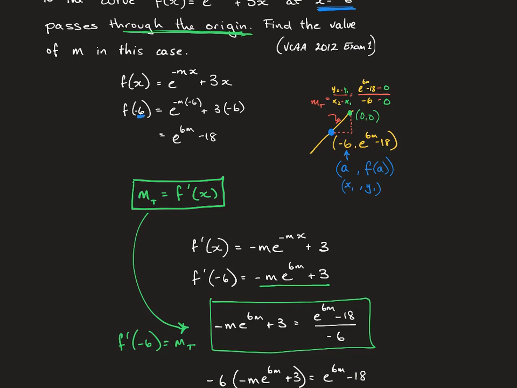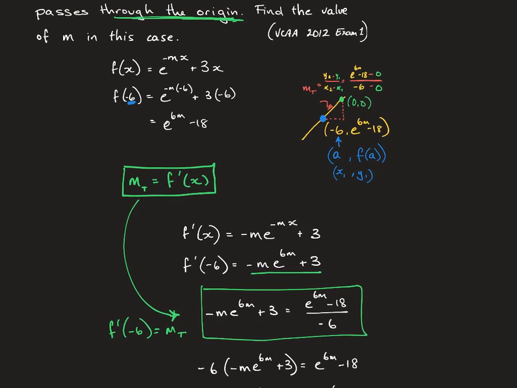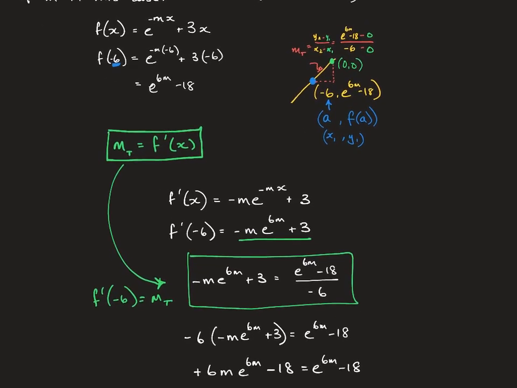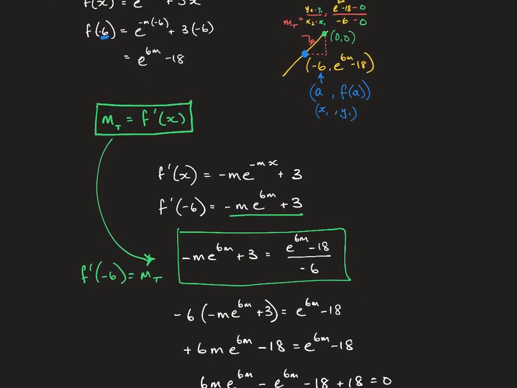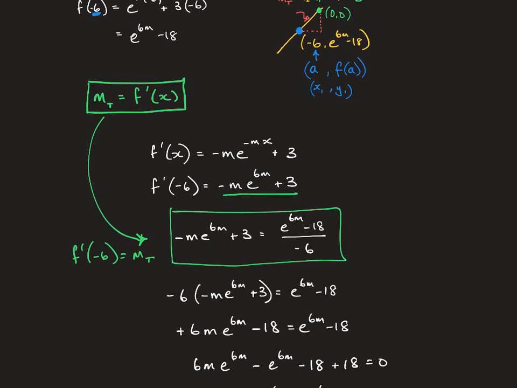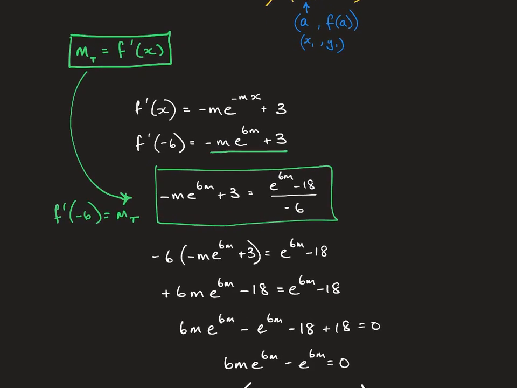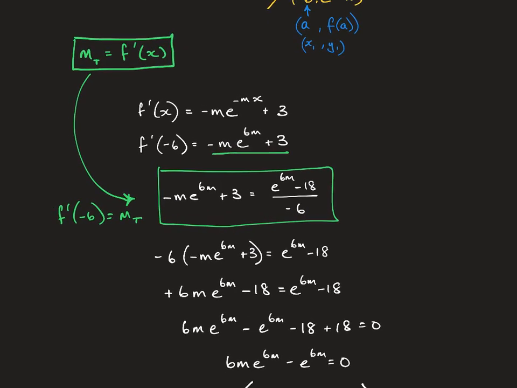So I'm going to do a little bit of manipulation to find m. Multiply both sides by minus 6, expand the bracket, collect all my terms onto one side and simplify.